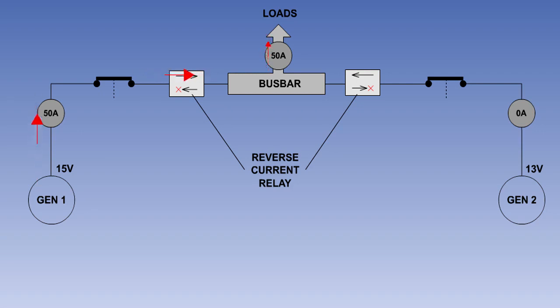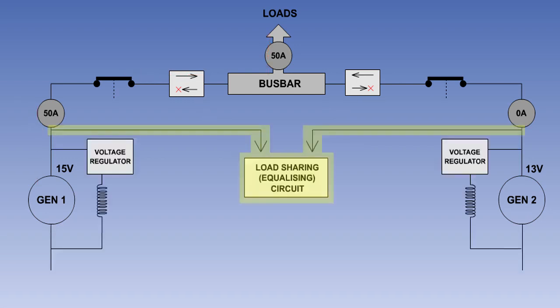This flow of current is undesirable, and parallel systems using DC generators have reverse current relays fitted to protect the system in the event of a failure of the load sharing circuit. The load sharing or equalizing circuit monitors the output voltage of each generator.